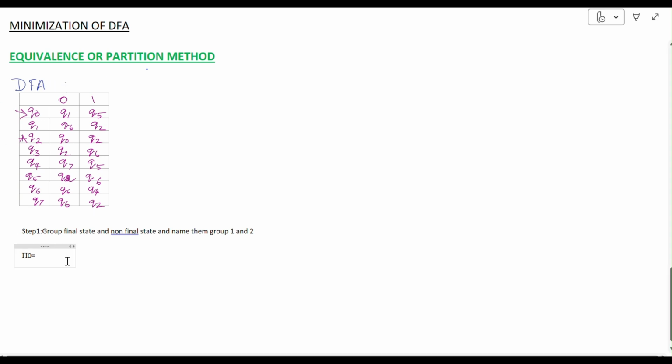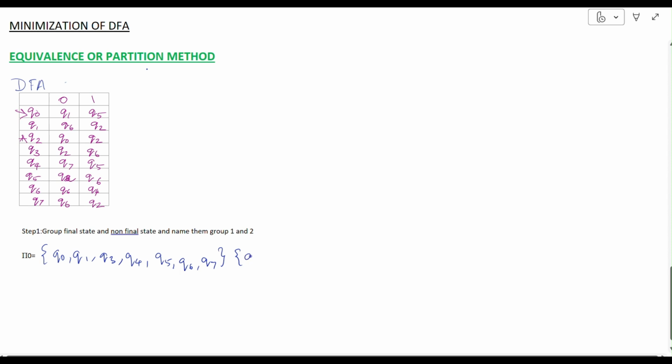As the first step, you will have to group the final and non-final states separately and name them as group 1 or group 2, or with any other different names. So the partition pi naught is equal to: group all the non-final states together, that is q0, q1, q3, q4, q5, q6, q7, and the final state separately.